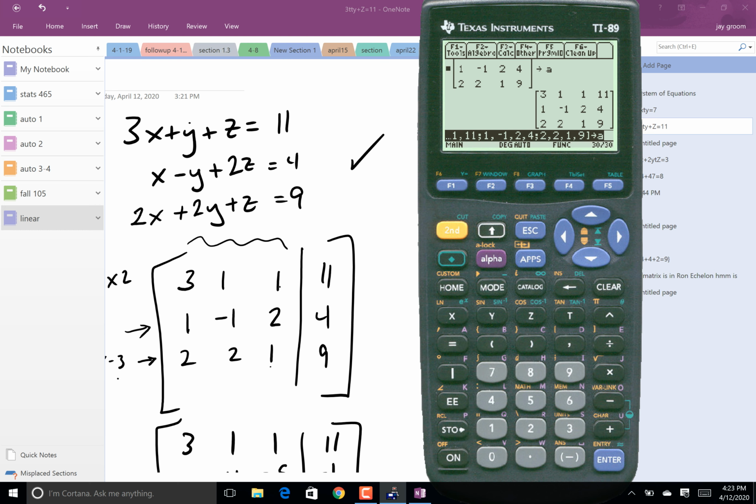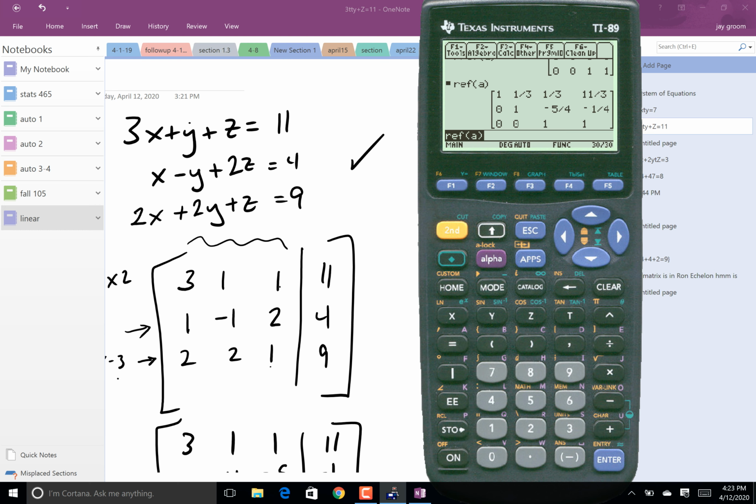There it is. Now what you guys can do is go to math, so second number 5, matrix, which is number 4. And if you scroll down a ways, you will find reduced row echelon form. Done. And I saw an REF, row echelon form. You did.